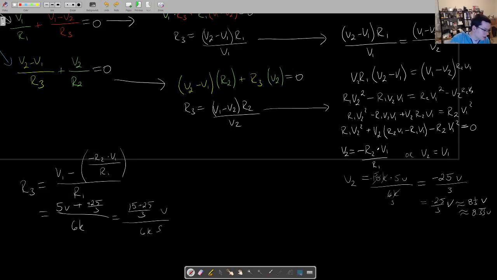That's gonna leave that. That's ohms. 40 over 18 ohms. Is that right? Yeah. Do my units work out? Volts minus volts divided by resistance.